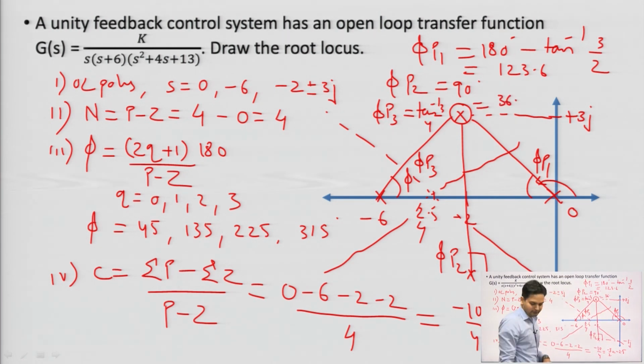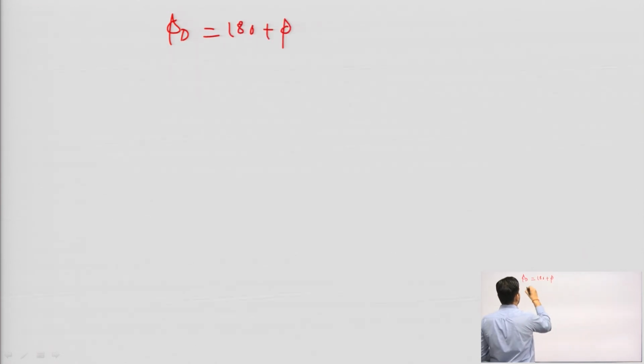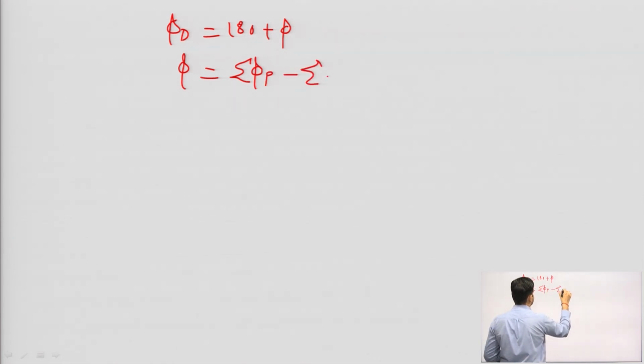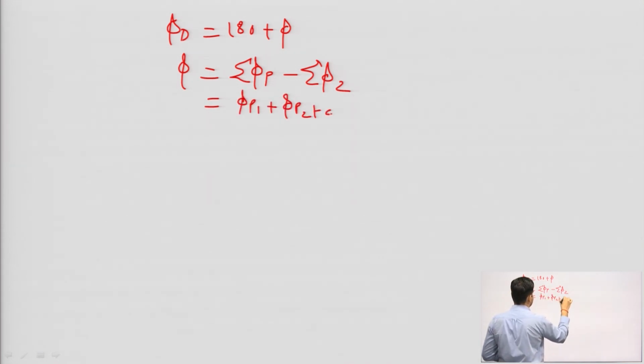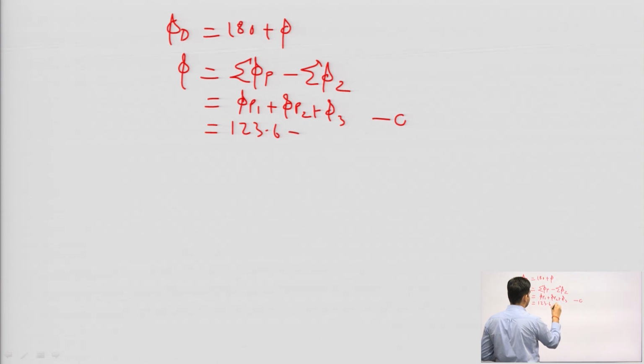So, what would be phi? Because for the angle of departure we know that it is 180 plus phi, and phi is the summation of all the angles from poles minus the summation of all the angles from zeros. So the summation of phi p is phi p1 plus phi p2 plus phi p3, and there is no zero. So it is 123.6 plus 90 plus 36.